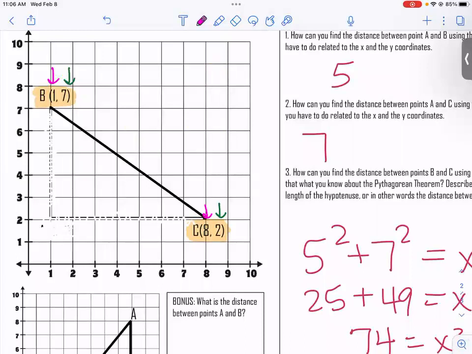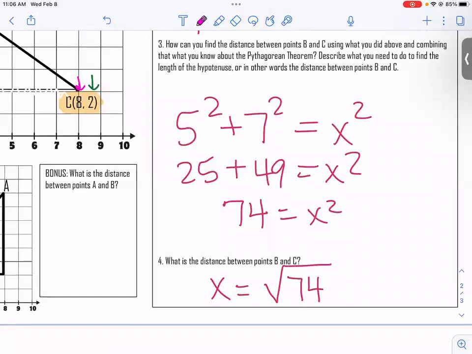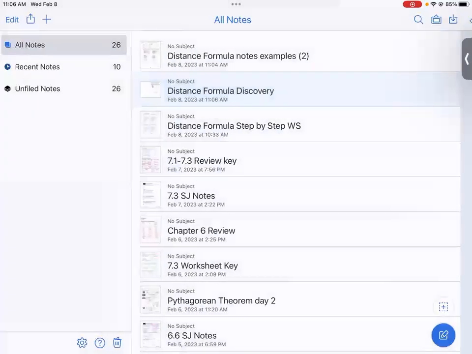Well then what did we do with 5 and 7? We squared them and added them together, and then at the end we had to take the square root. Okay, so the distance formula comes from the Pythagorean theorem. We just don't actually draw out the triangle. Okay, so this is what the distance formula does.